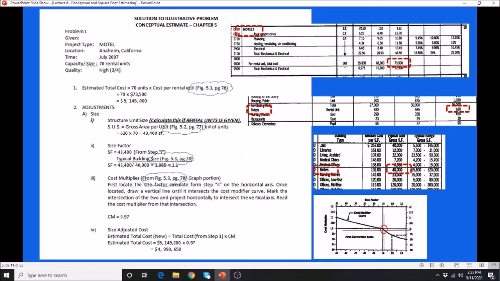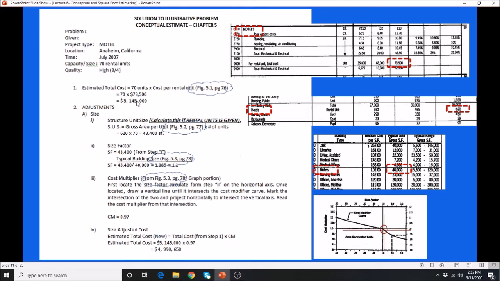If it is in square foot, make sure that you consider the total cost in terms of the square footage. All right, so we have three different columns here. This is the low quality, medium quality, and we have here the high quality. So if it is a per rental unit, high quality is 73,500. That's the reason why we have here 73,500 multiplied by the rental unit, which is 70.